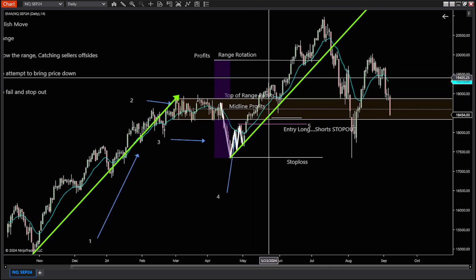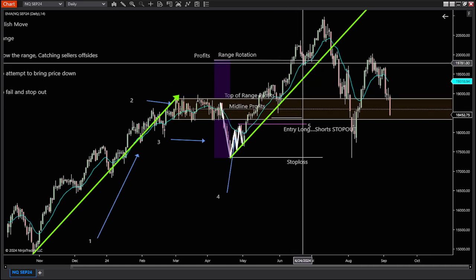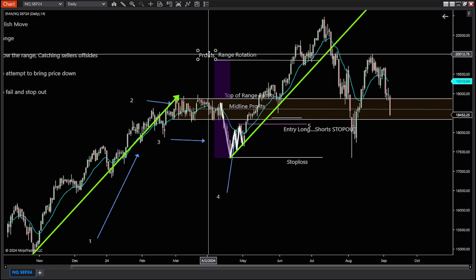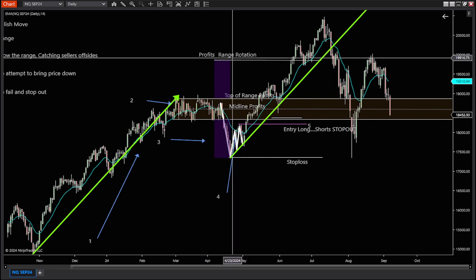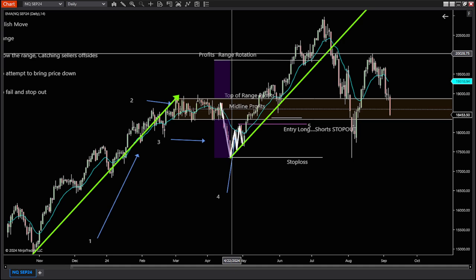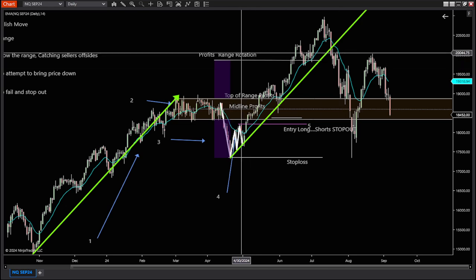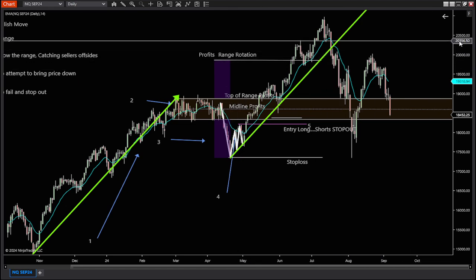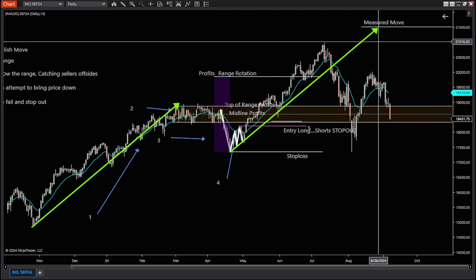You look for the range breakout retest for the continuation, and then here are your runners. We got that range rotation filled, and we just missed the range measured move by a little bit.